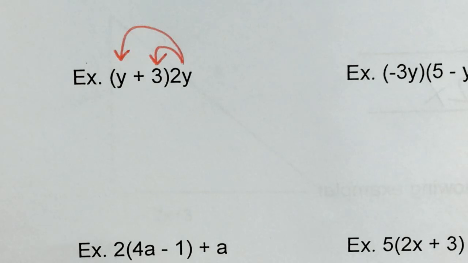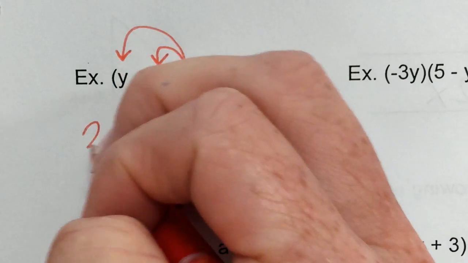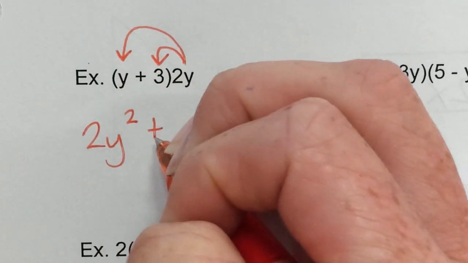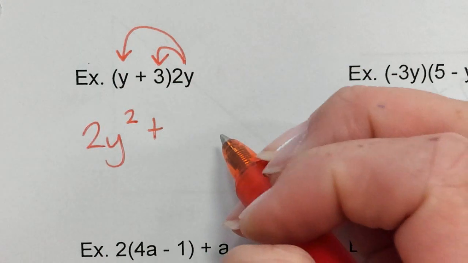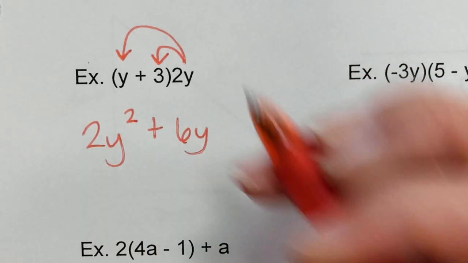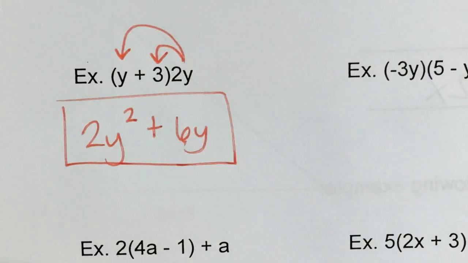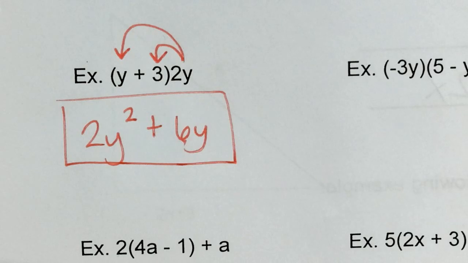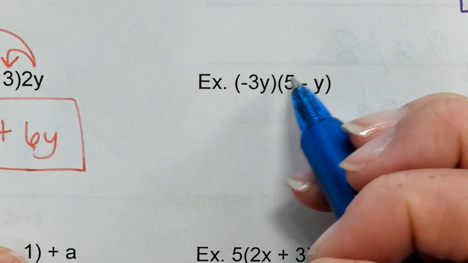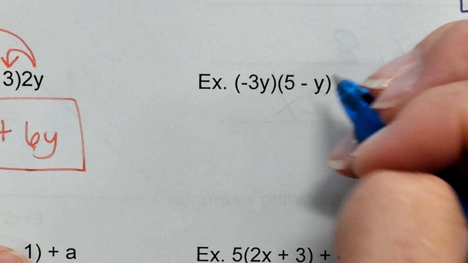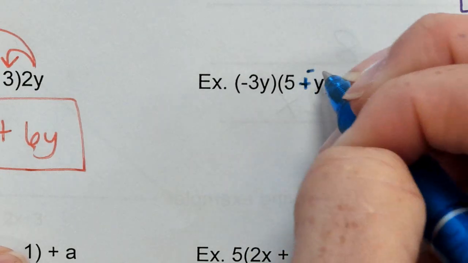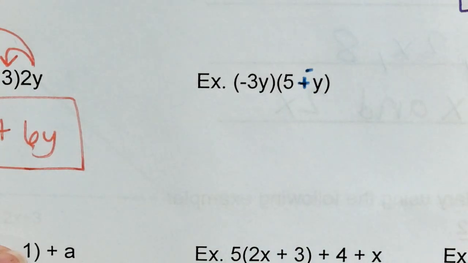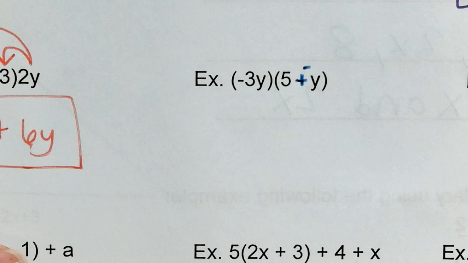What is 2y times y? 2y squared. Plus, what is 2y times 3? 6y. Very good. All right, what do I need to do to this one? Change. Why is the negative 3y in parentheses? Because they wanted it to be. Does it need to be?